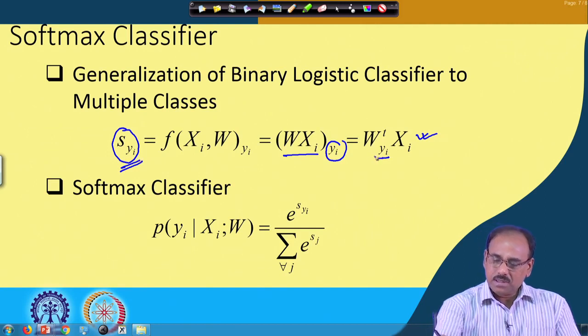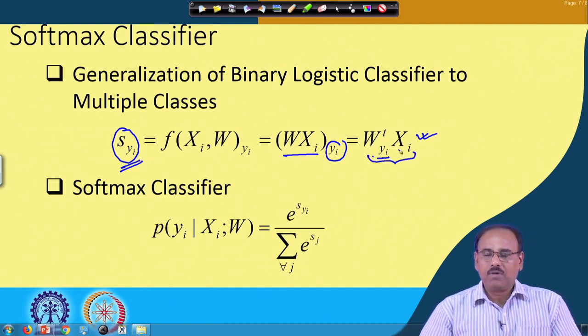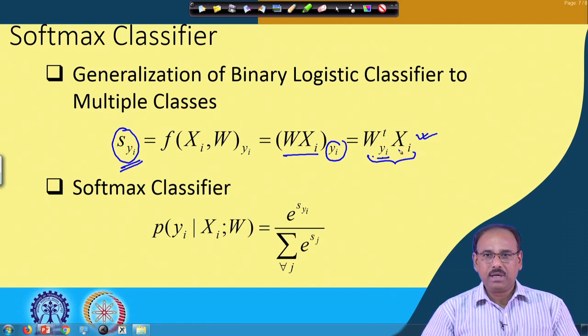So, again this is the output of a linear function, as we have done in the case of logistic regression. I can also convert this to a probabilistic measure.